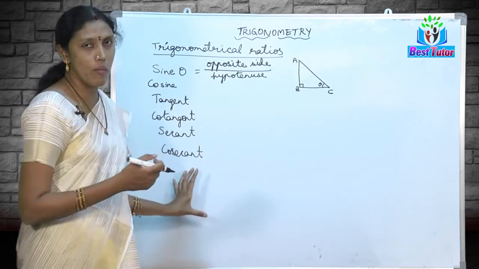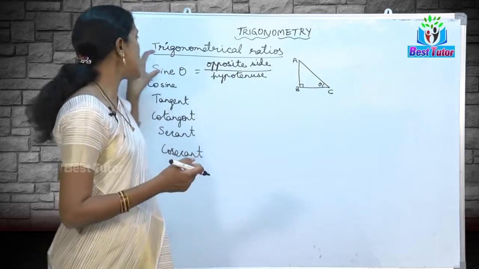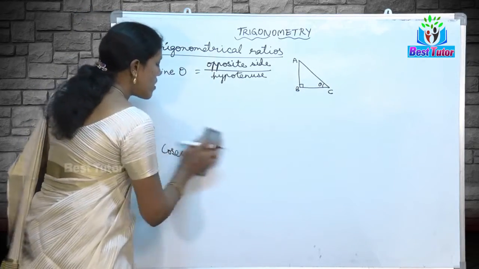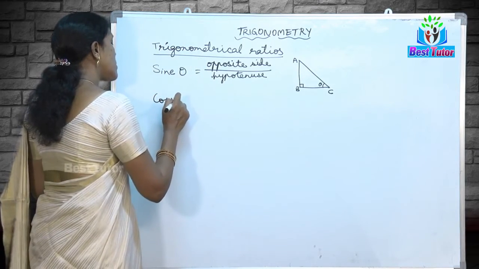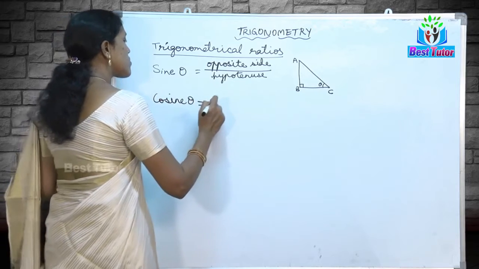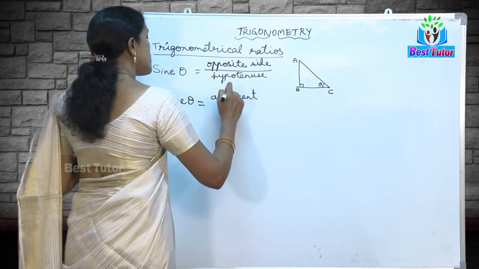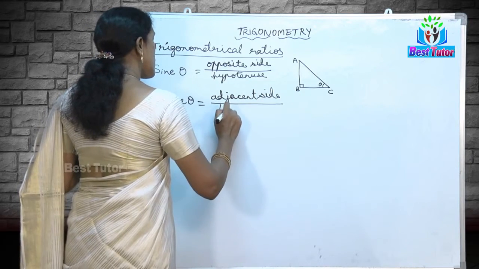These are the 6 trigonometrical ratios. If it is opposite side by hypotenuse, I name it as sine theta. Similarly, if it is adjacent side by hypotenuse, I name it as cosine theta. Cosine theta is going to be adjacent side by hypotenuse.